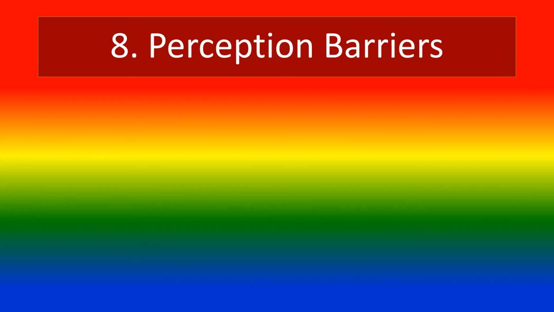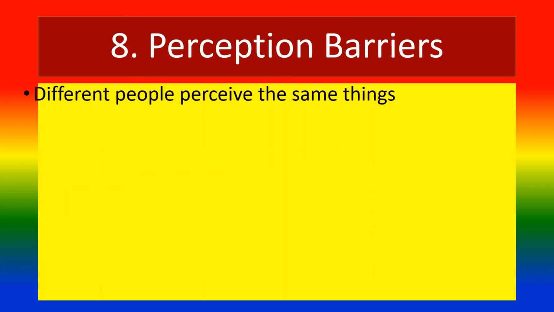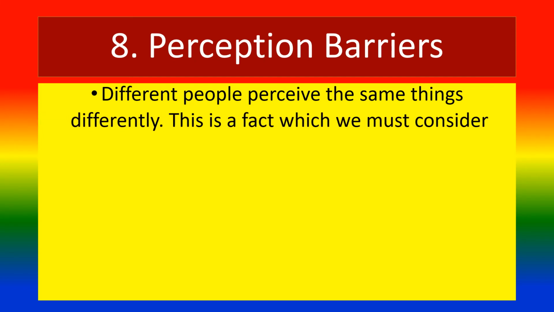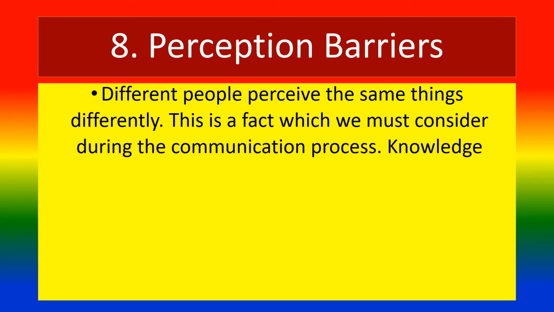Eight, perceptual barriers. Different people perceive the same things differently. This is a fact which we must consider during the communication process.